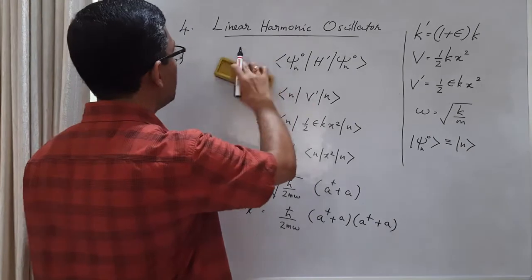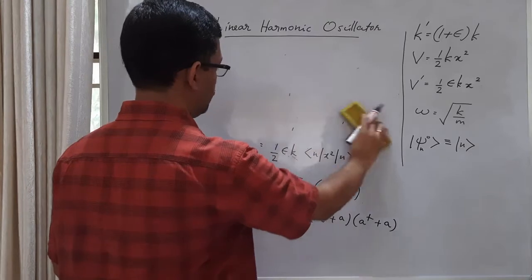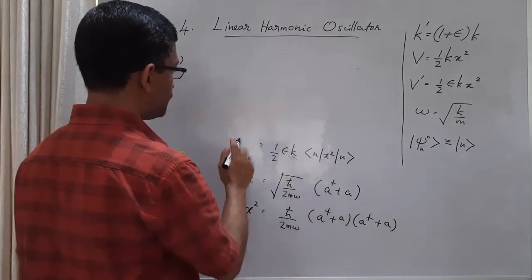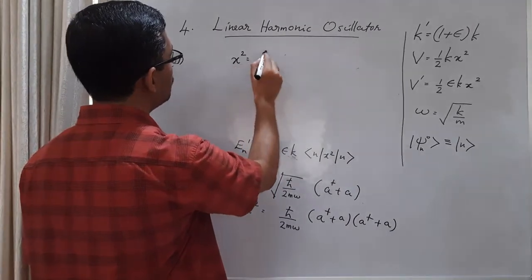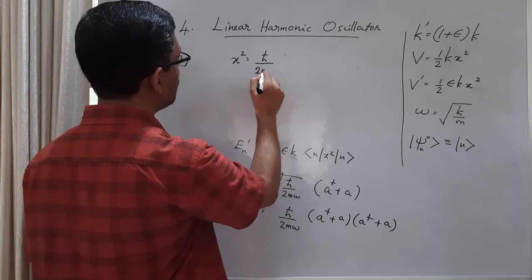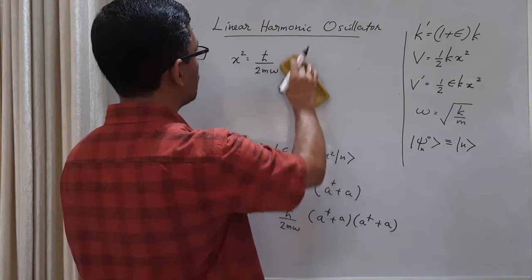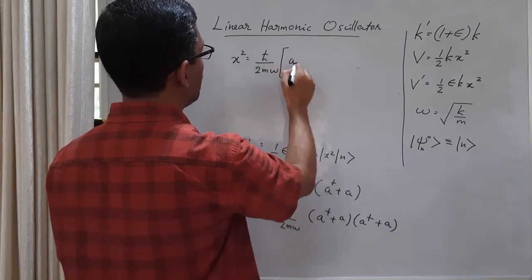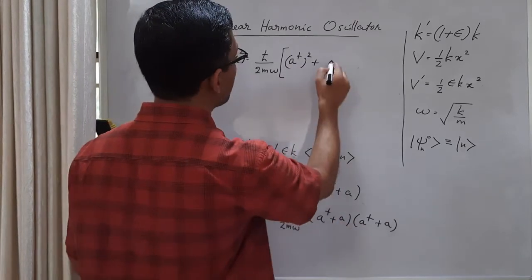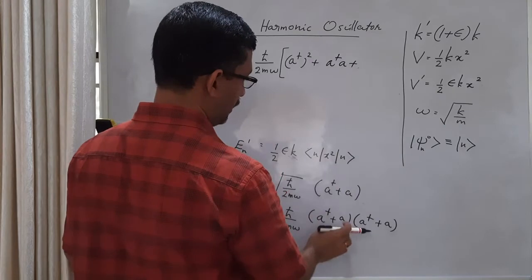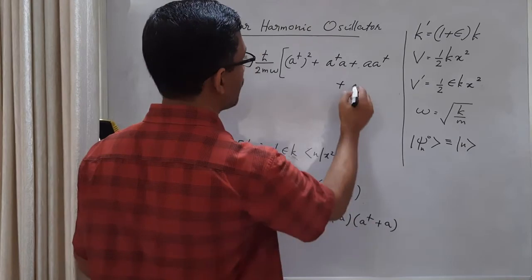So the expansion will be, x square is equal to h cross by 2m omega times a dagger square plus a dagger a plus a a dagger plus a square.